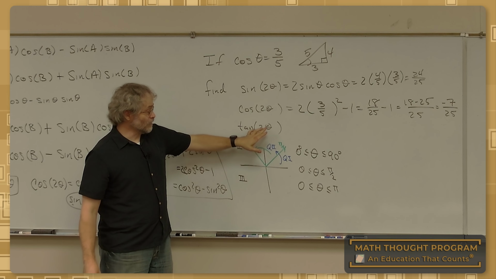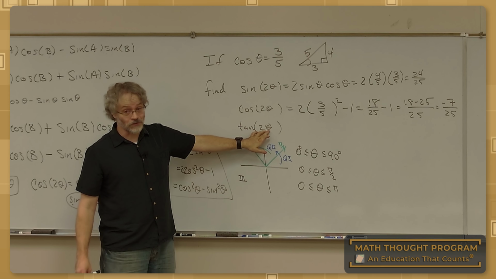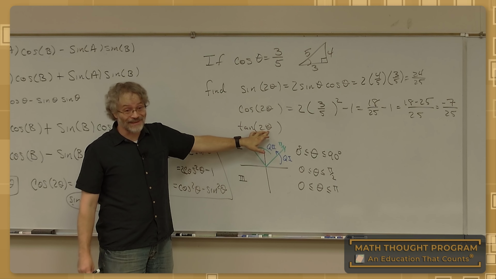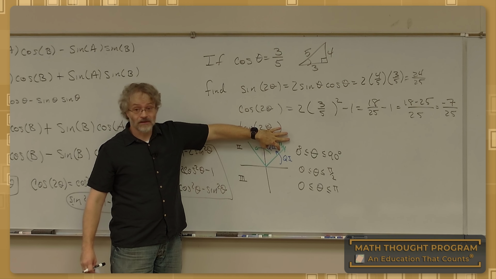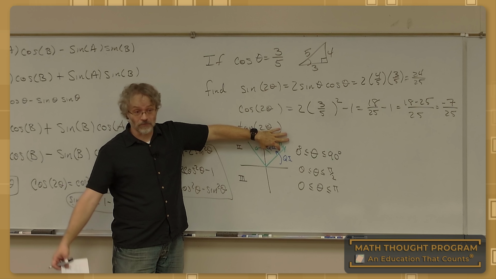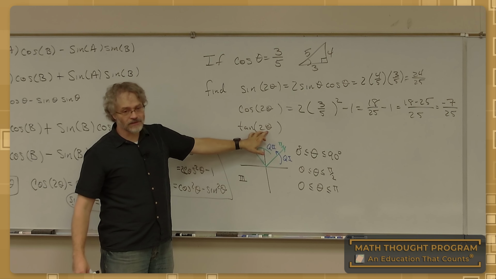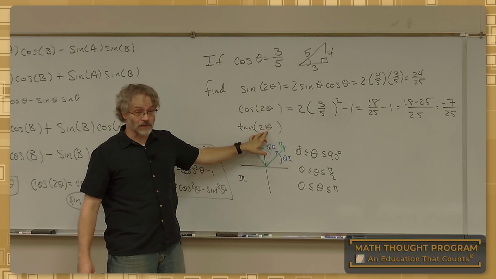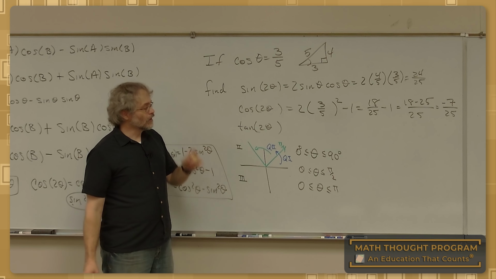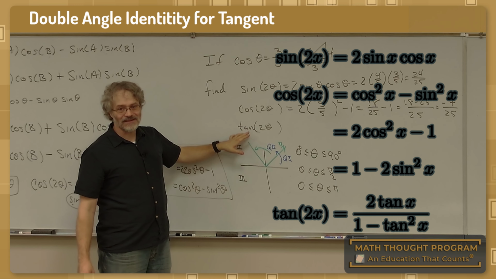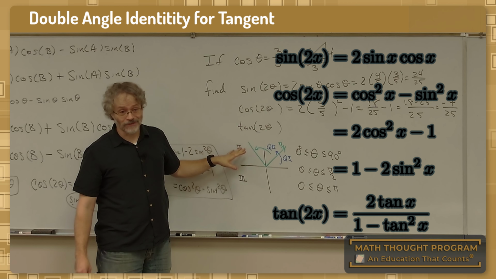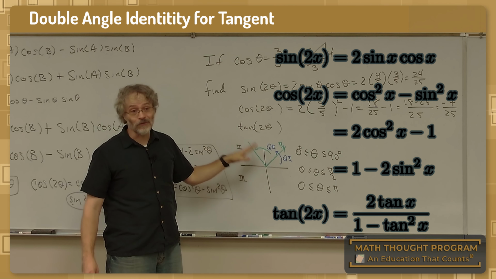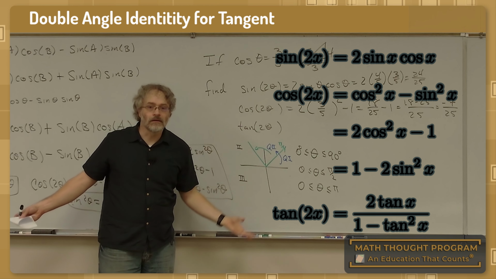Okay, now, with that said, I know I'm in quadrant 2. I really don't know what theta is, but I know it's going to be a value between pi over 2 and pi over 4. In the second quadrant, tangent's going to be negative. There is a double angle identity for tangent. I wouldn't waste your time with it. You don't really need to know that one. Why not?